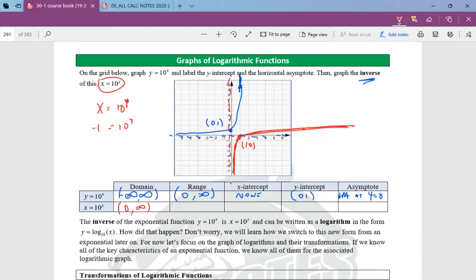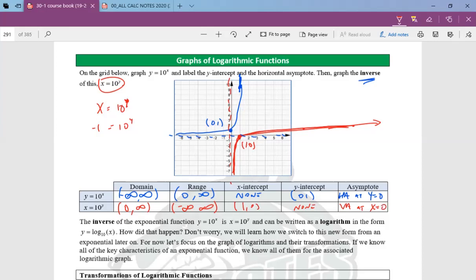Our range ends up being all real numbers, because this will continue to go up even though it's not going to be very steep at all. In fact, it's very not steep, but it will keep increasing. We have an x-intercept at (1, 0), and we have no y-intercept. For the asymptote, we have a vertical asymptote at x equals 0.